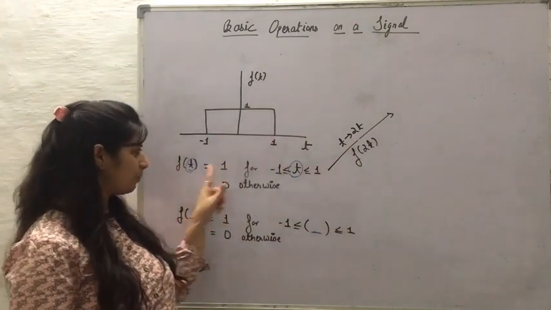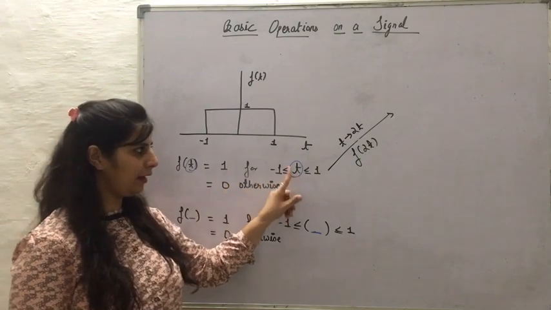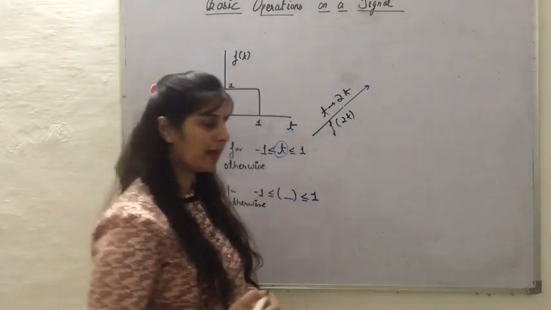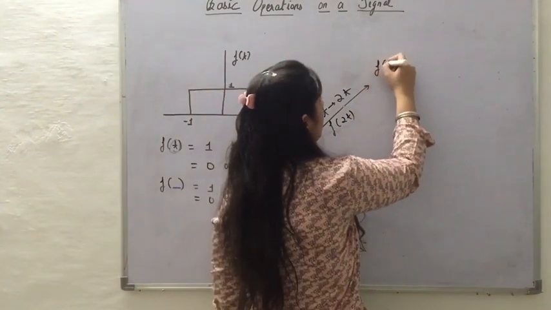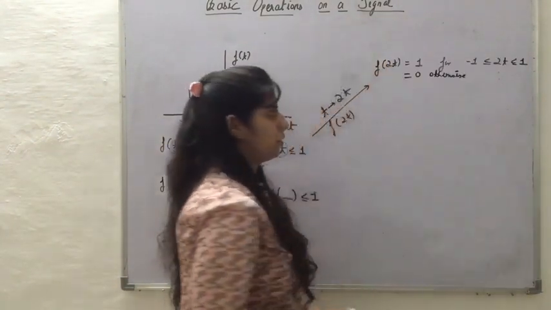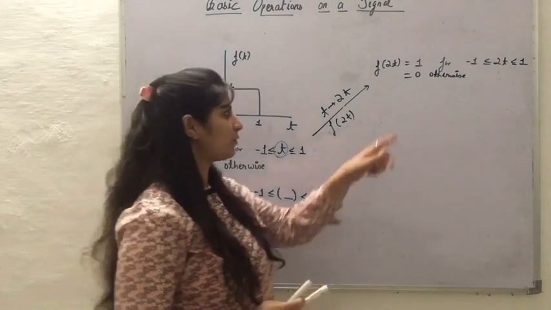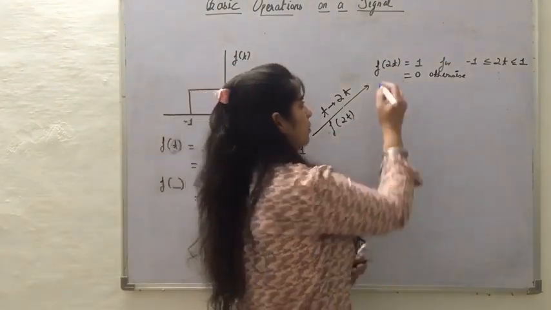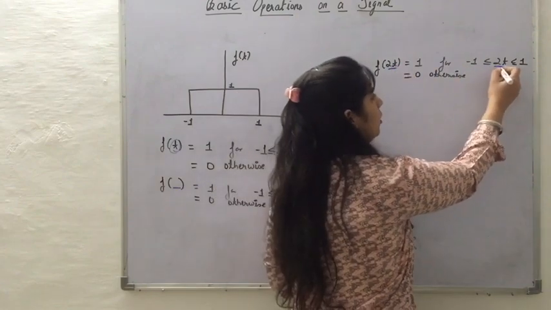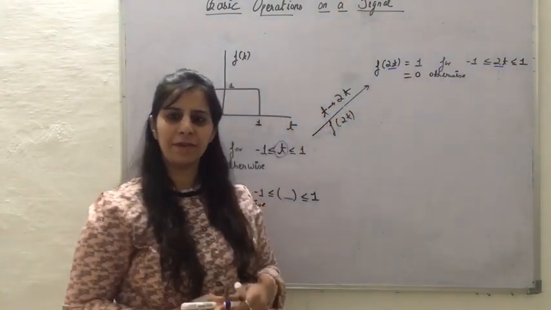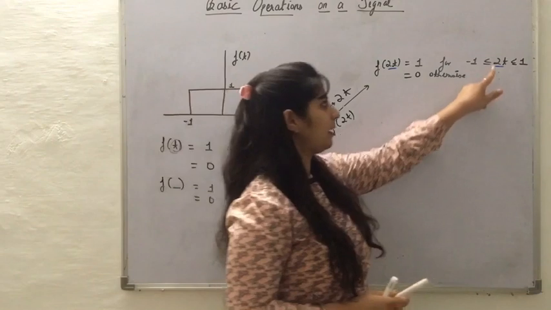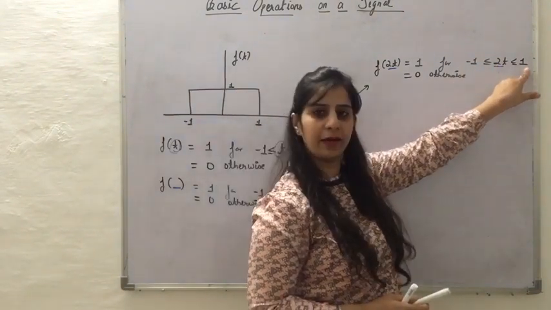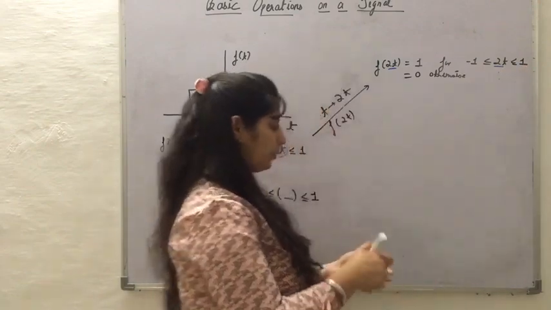So at both these places where I had t, now I'll substitute it with 2t. So this is 2t here and this is 2t here. The same function can be written by taking this 2 into the denominator of this minus 1 and into the denominator of this 1.